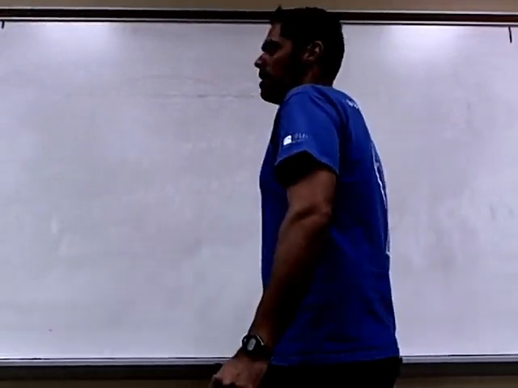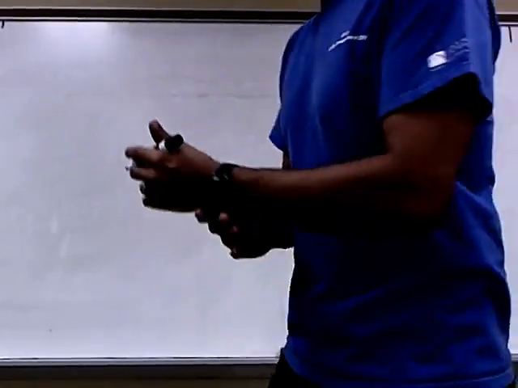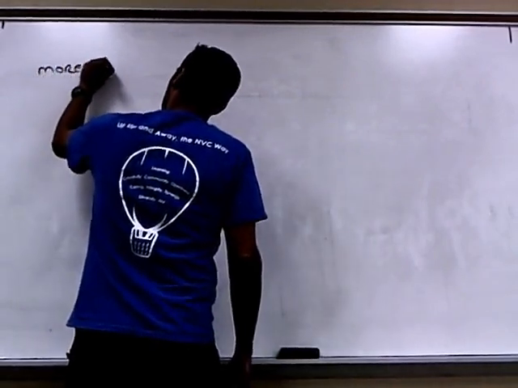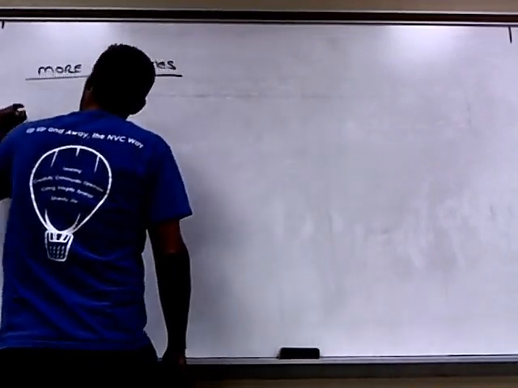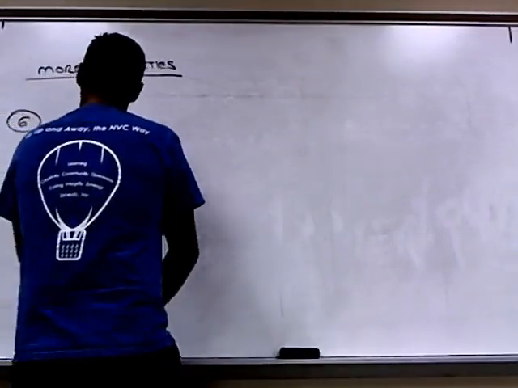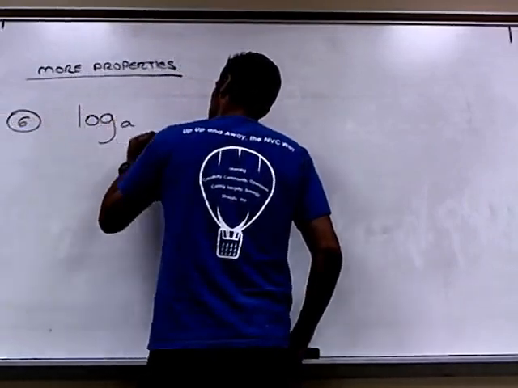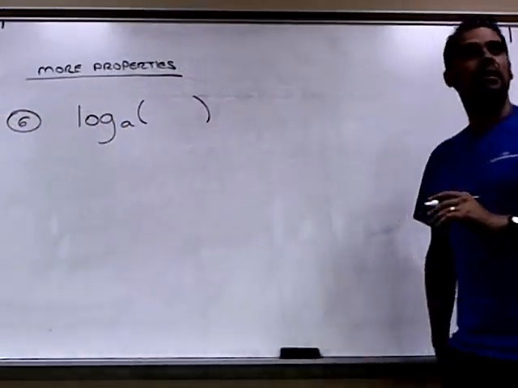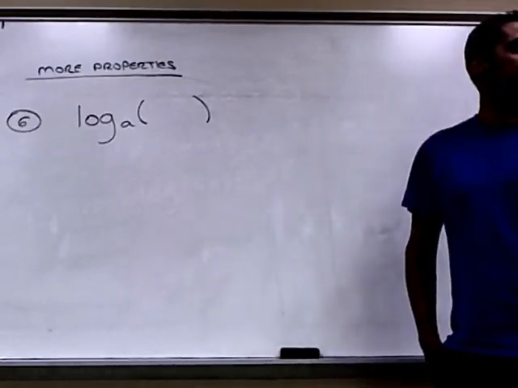So we had stopped on property 4, right? 5 was change of base? Okay, so we're going to go to property 6. More properties. Let's say you have a log with a base, and inside of it, which we call the argument, you have 2 things that are being multiplied.